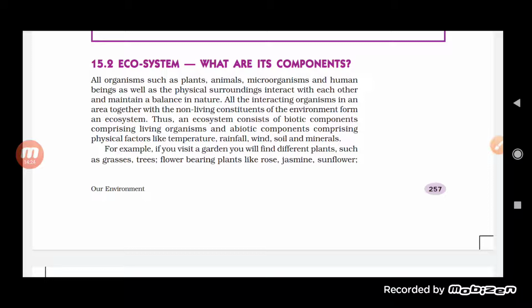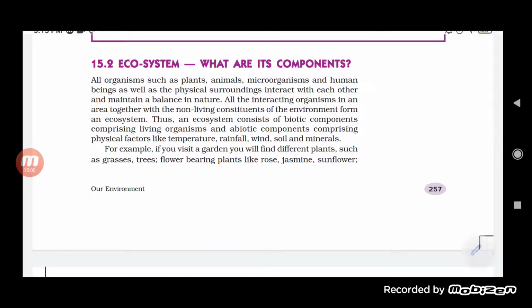Now the question is, what are the different systems, different components which are a part of our ecosystem? So everything which is included in our environment, which interacts with each other, is called the ecosystem. So every organism, which is plants, animals, microorganisms, human beings, even our physical surroundings, interact with each other, and they are important as they help in maintaining the balance in nature.